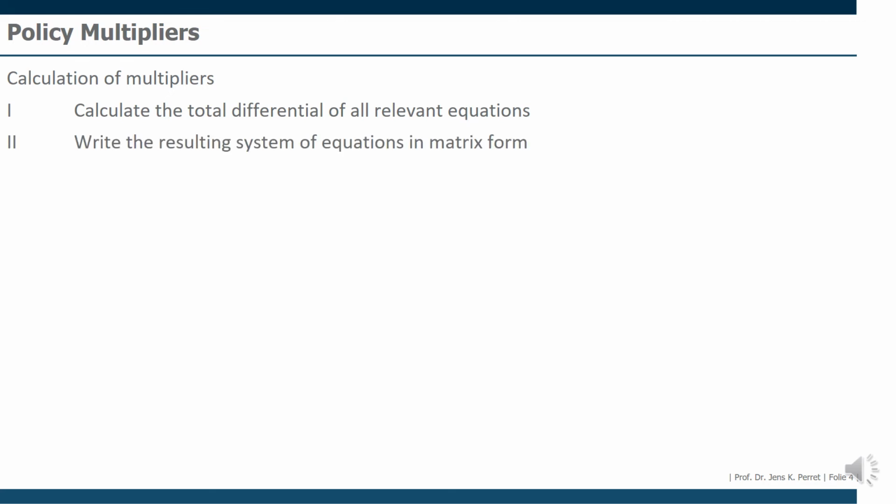Then write the resulting system of equations in matrix form and order this in a way that on the left side you have all the endogenous variables, here meaning all derivatives for GDP, interest rate, exchange rate, and on the right side is everything else.